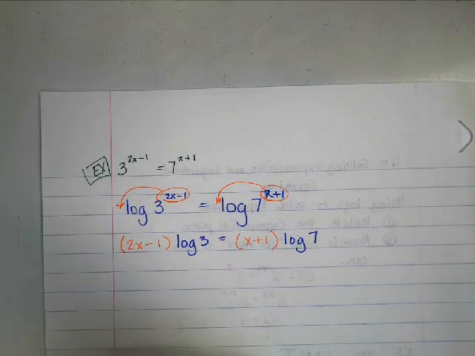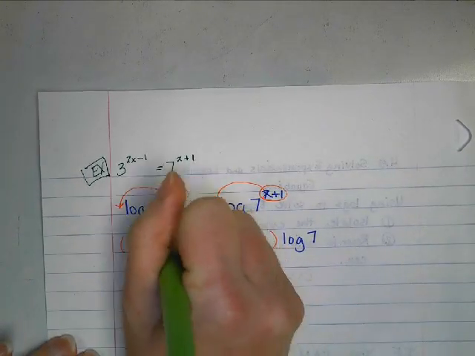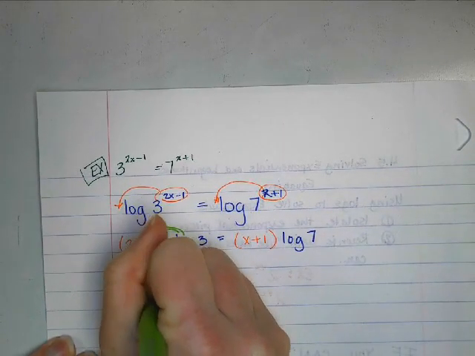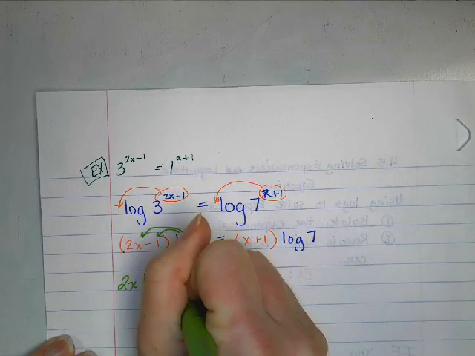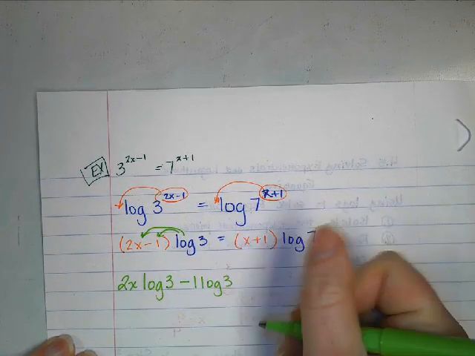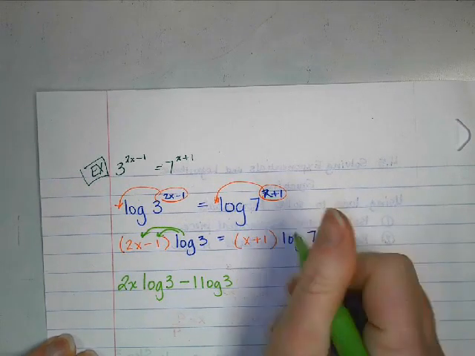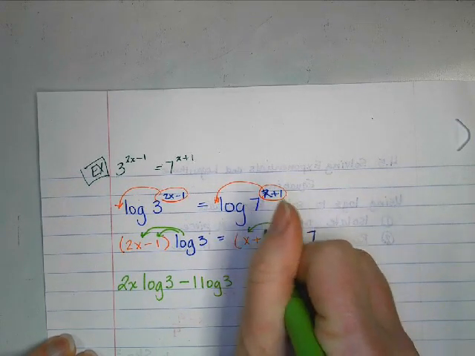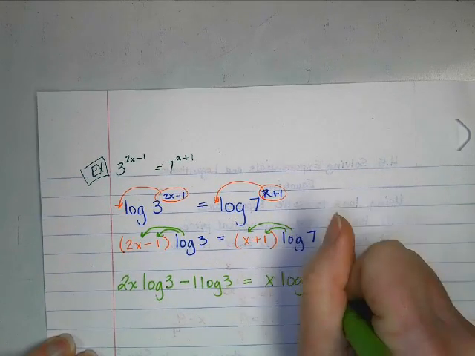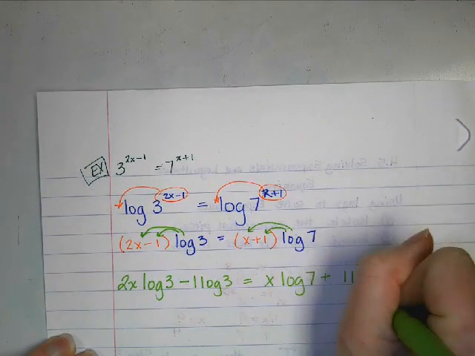So I have to distribute log 3 to both of these. So it ends up being 2x log 3 minus 1 log 3. You don't really have to write the 1, but just so you know what I'm doing. Equals x log 7 plus 1 log 7.